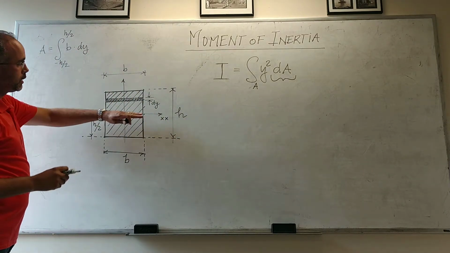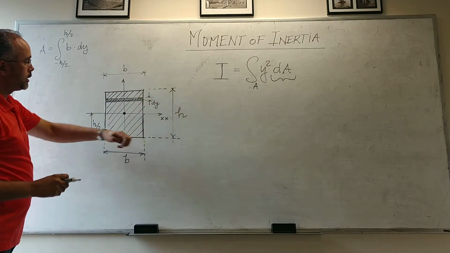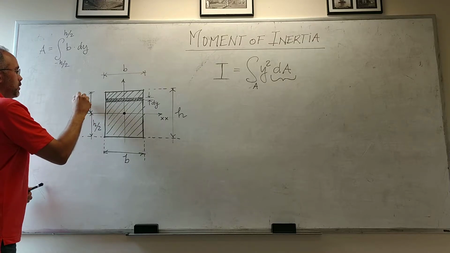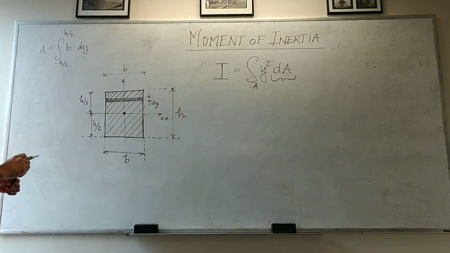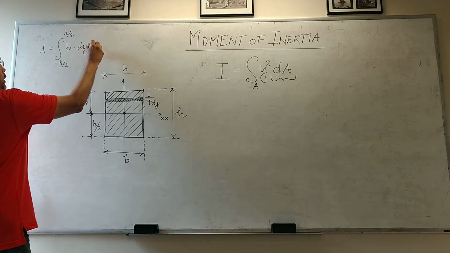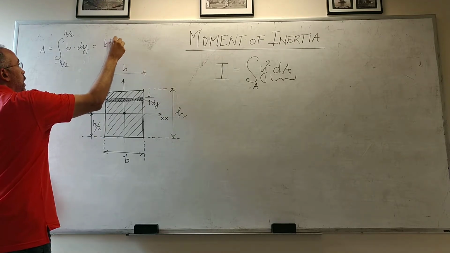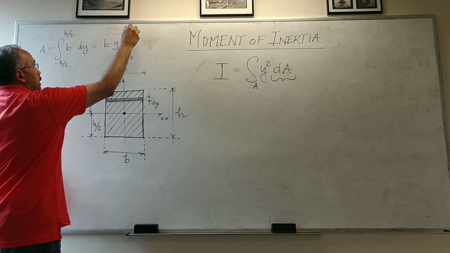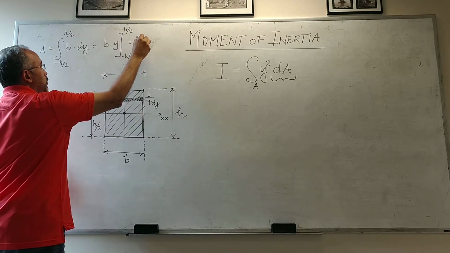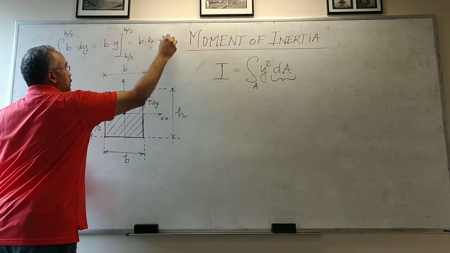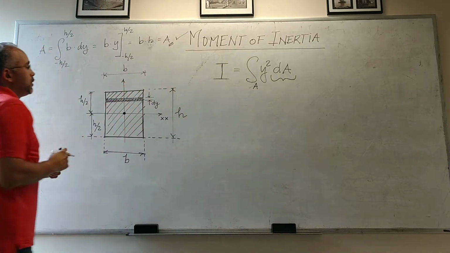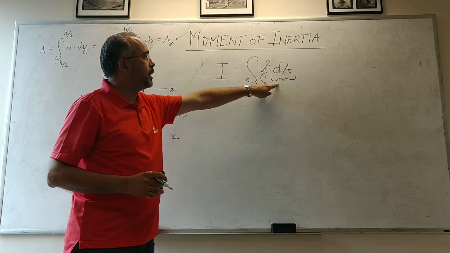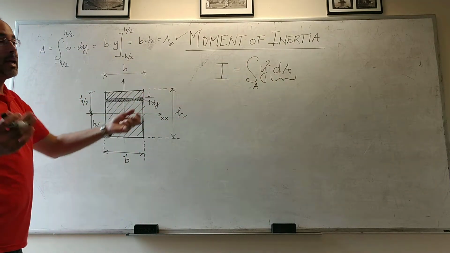This is 0 here, and the whole height is h, with positive h over 2 and negative h over 2. So this becomes b times y evaluated here, which gives you b times h, which is the area. So this is a valid way to formulate a dA, because if you integrate it, you get A.